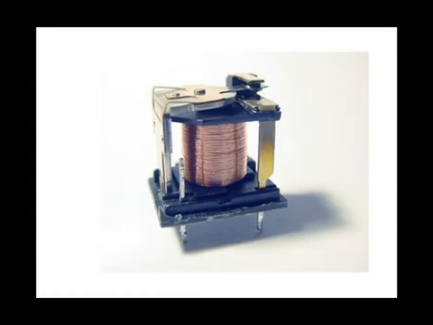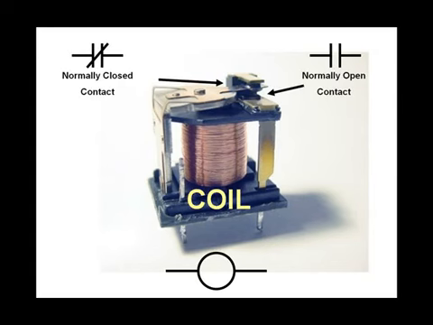A normally closed contact is true if the relay is de-energized, and false if the relay is energized. A normally open contact is true if the relay is energized, and false if the relay is de-energized.